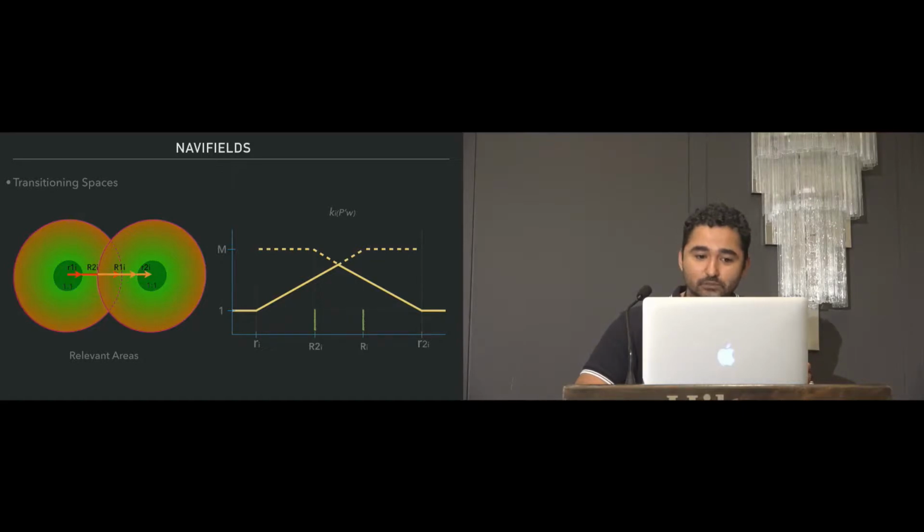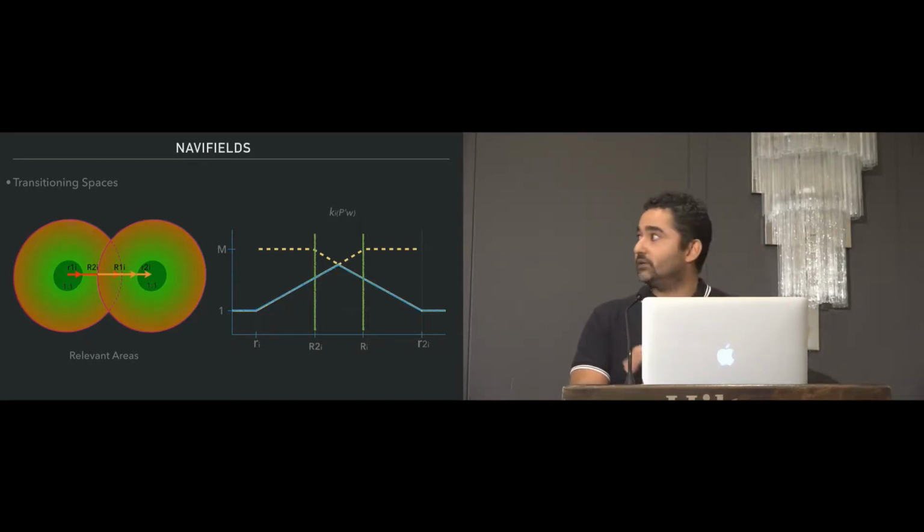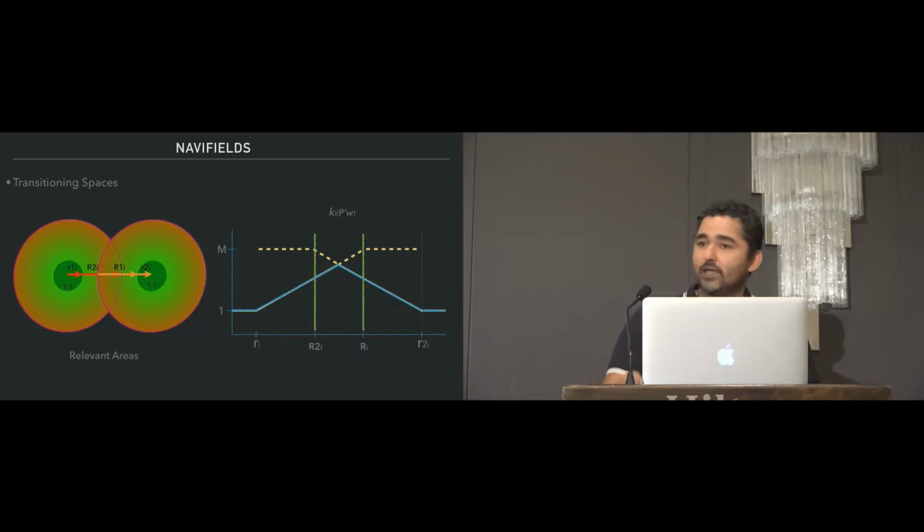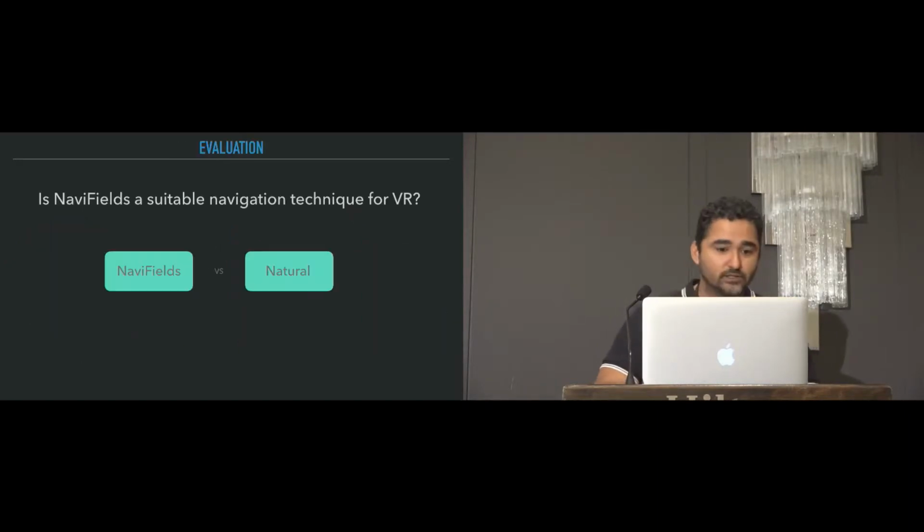But now we have this overlapping section where we have 2 values for each point along this path. How can we solve this? Basically, by taking the lowest value at each of those points, making sure that we have a smooth transition going out of the first transitioning area and into the next one in order to reach the next target.